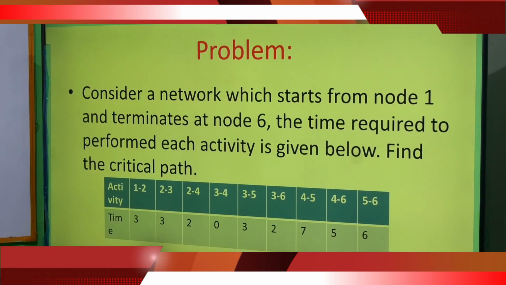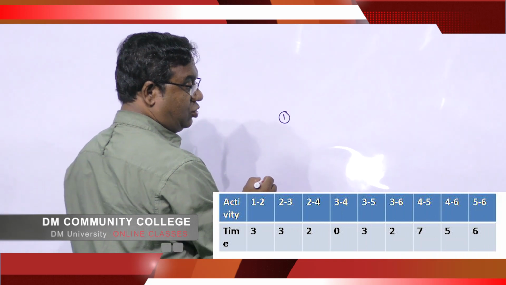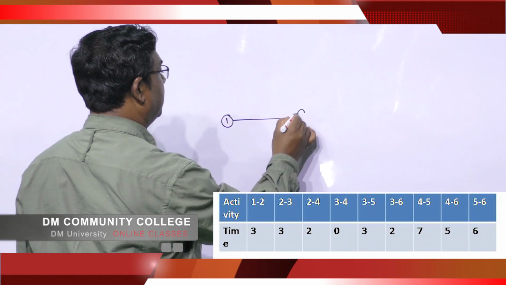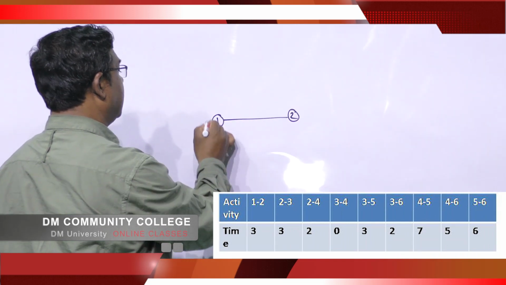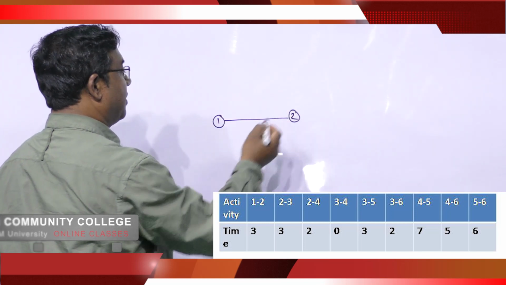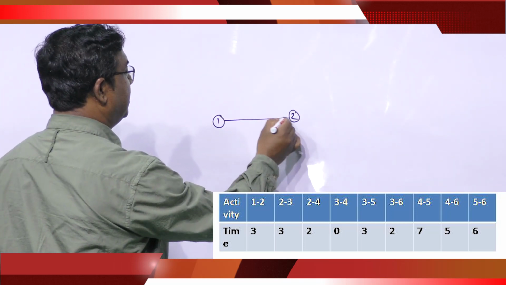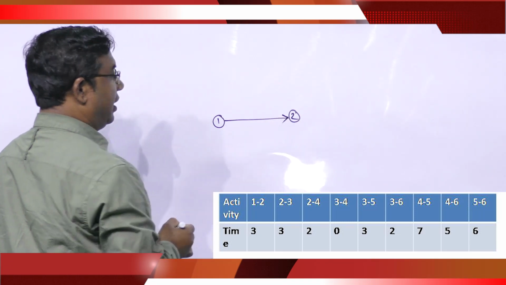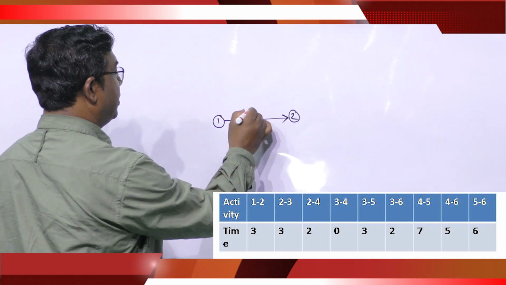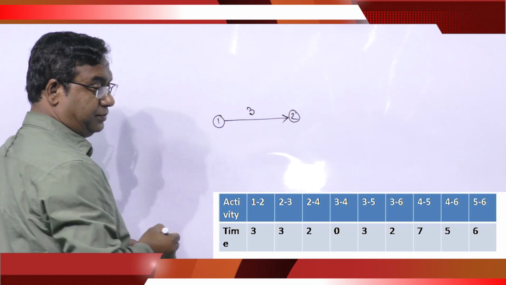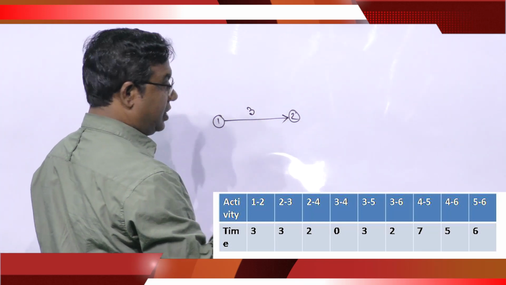Here the activities are given, and the times are also given. Activity first, 1 to 2. Events are denoted by numbers. So the activity is indicated by an arrow from 1 to 2. The time duration of this activity is 3. Next, 2 to 3.